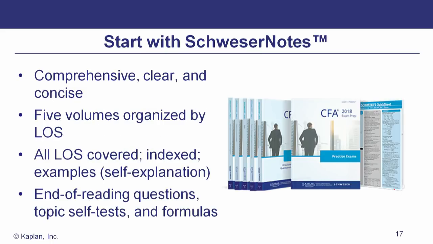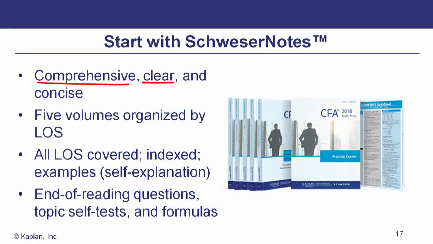Also, our flagship product, which is the Schweser Notes. I make sure when I write that product that it satisfies a specific requirement. The requirement is it is comprehensive. It covers every single LOS. In fact, it is organized by LOS. So it is comprehensive. It needs to be clear, not obtuse.